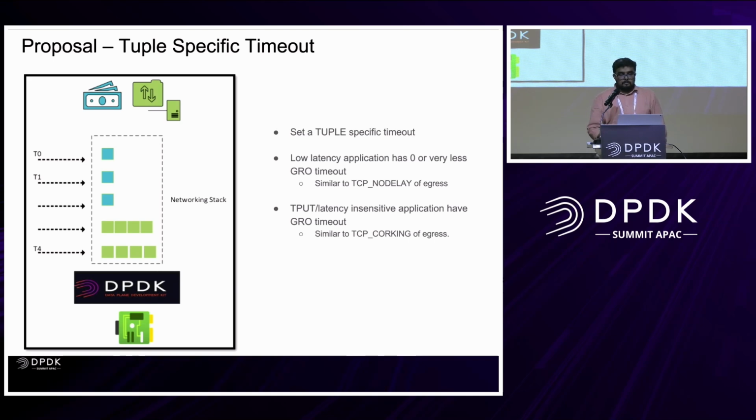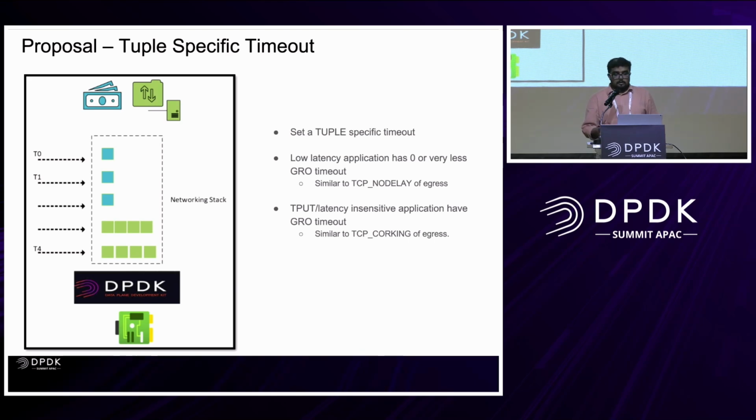Applications could program the timeouts for the tuples. This way we could serve both low latency applications as well as applications where GRO would be beneficial with a longer timeout.